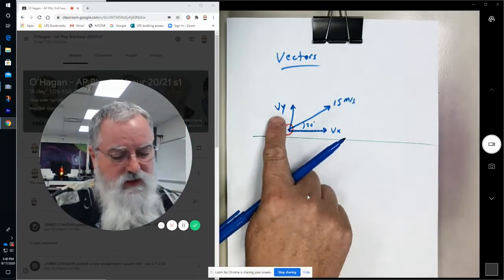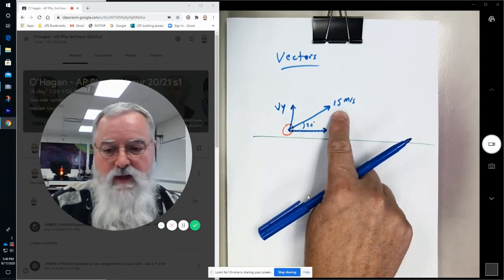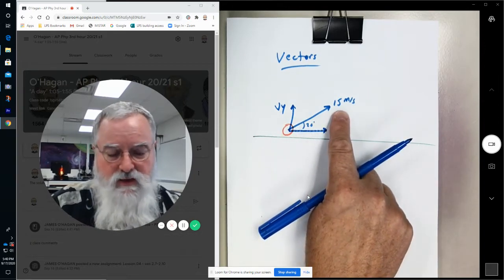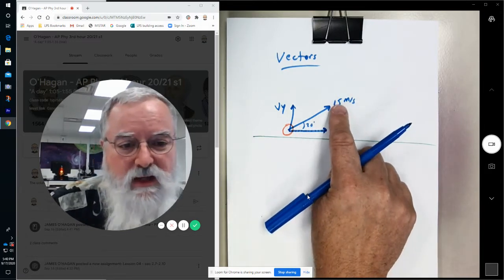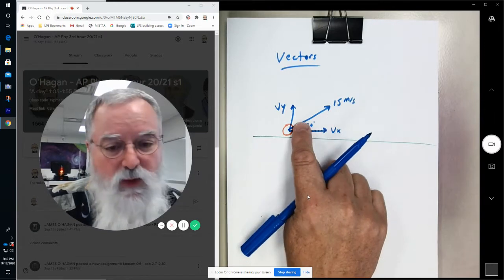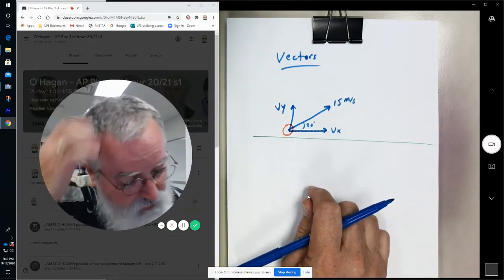And these two things are called components. They're called components of the 15 meter per second velocity. And since this is a velocity, it's not only 15 meters per second, it's 15 meters per second at 20 degrees above the horizontal line, or above the horizon.